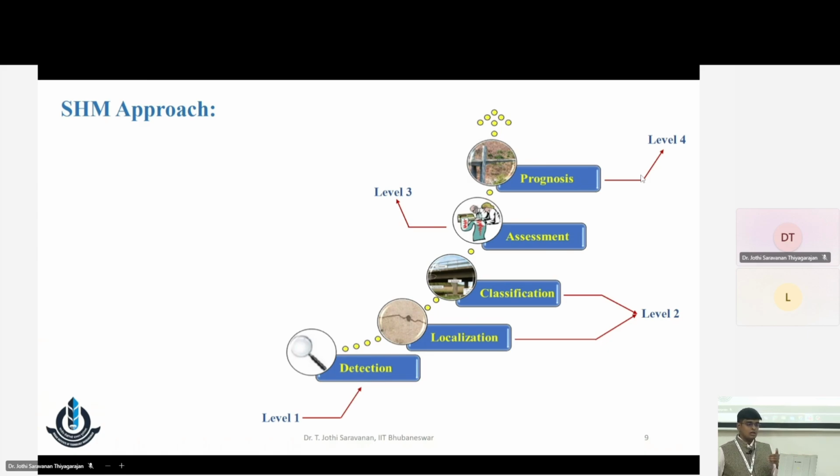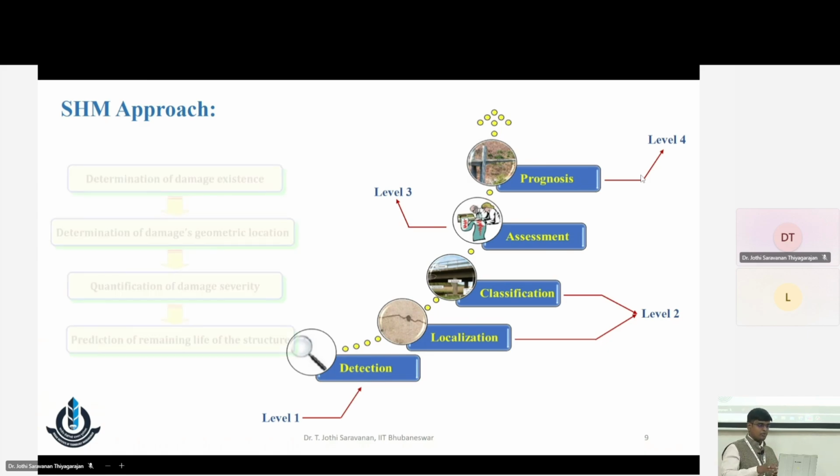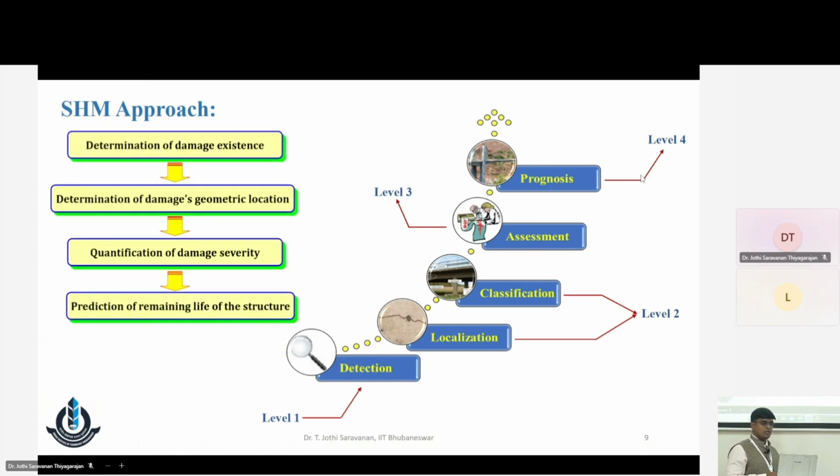Then you try prognosis, which is predicting the remaining lifetime. So first you determine damage existence, then understand the damage location and the geometry of it, then quantify it, and finally predict the remaining life. This is the basic approach we follow for any problem we take up.